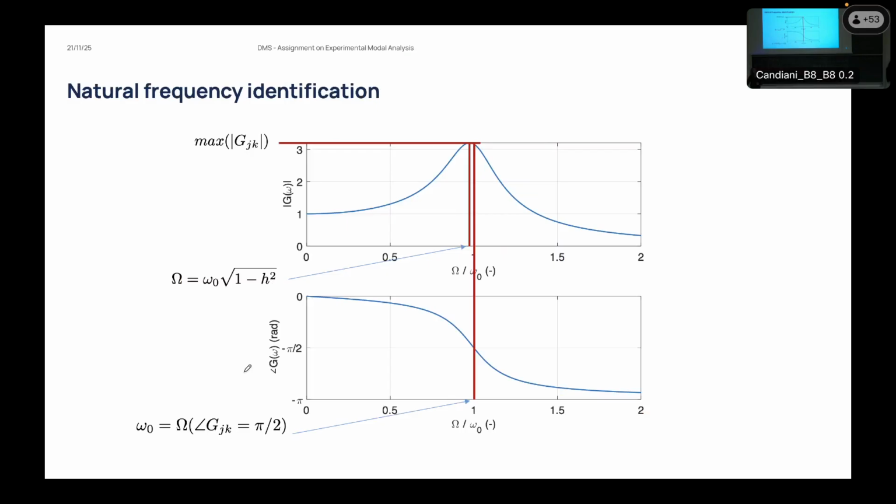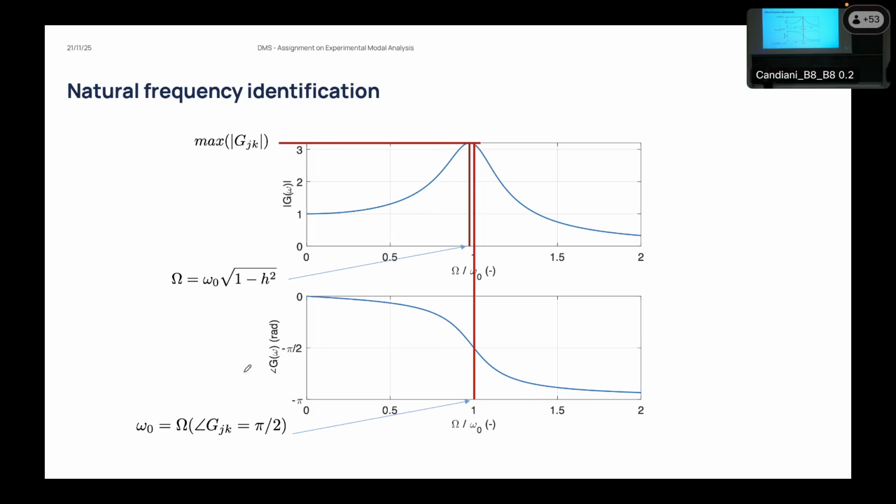If we look at the amplitude, we already know that the location of the peak of the amplitude will be exactly over the natural frequency of the system, or slightly apart if you consider that you could have some damping in your structure. And if you look at the phase, what should be clear is that the phase should cross pi over 2 or minus pi over 2 at the resonant frequency.